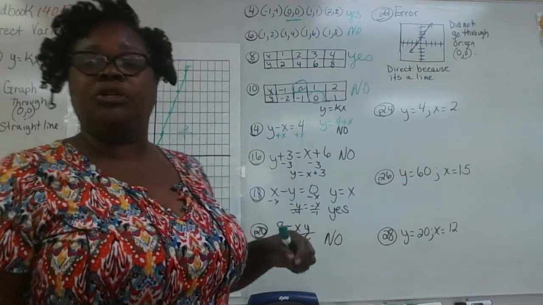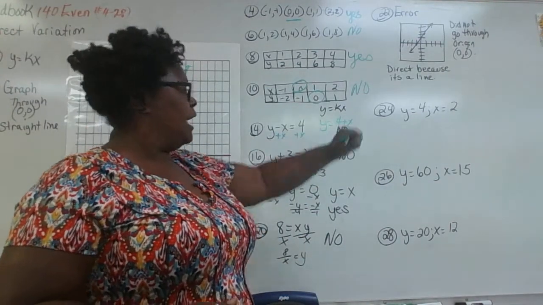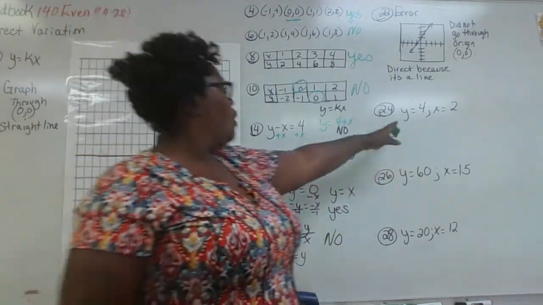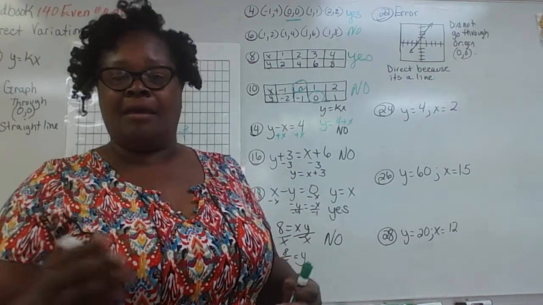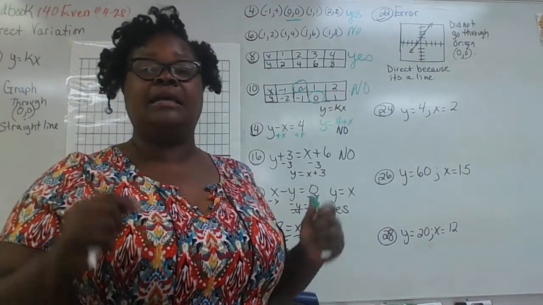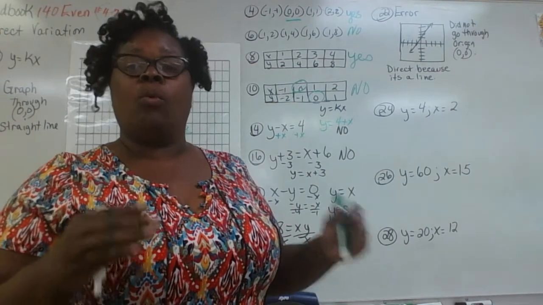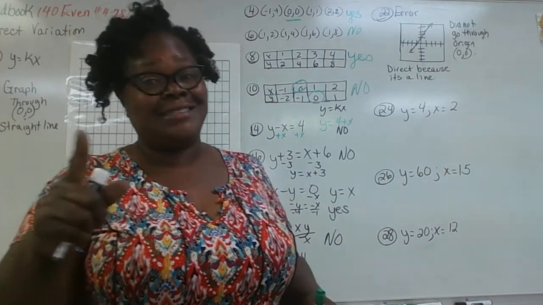Okay? So what we do, we first take the formula y equals kx, we plug in y, we plug in x, and we solve for k. Once we have k, then we rewrite the formula in direct variation form. Y equals, and whatever the value k is, and then x. Let's take a look.